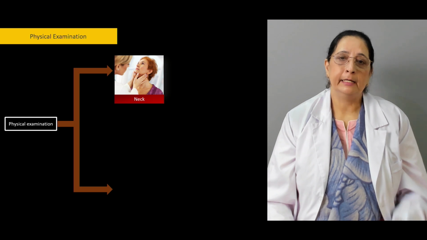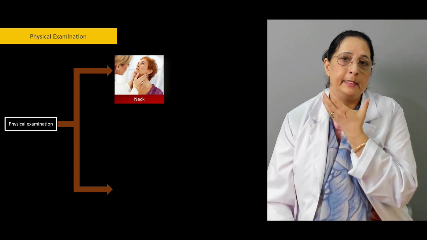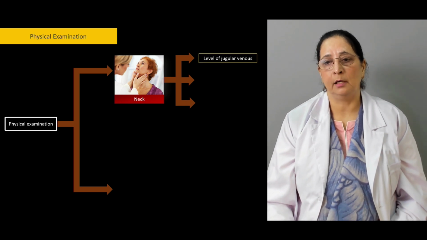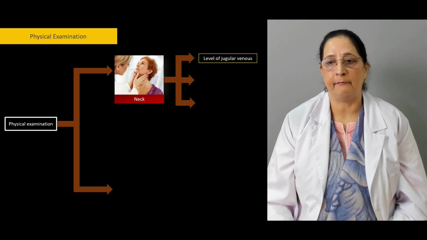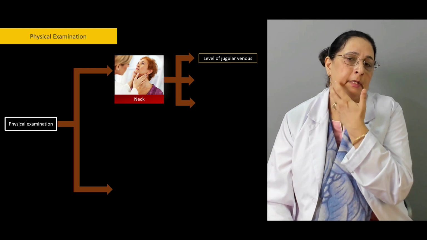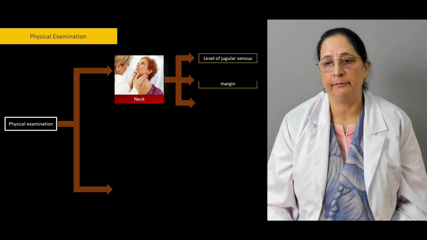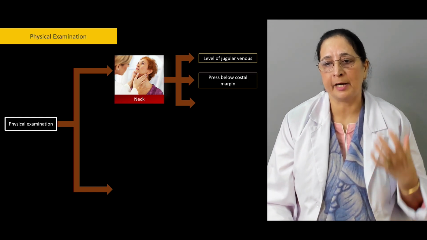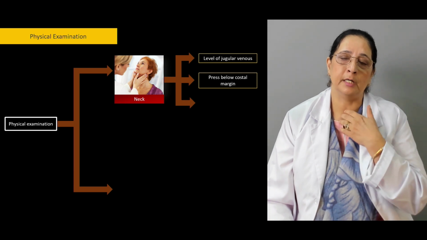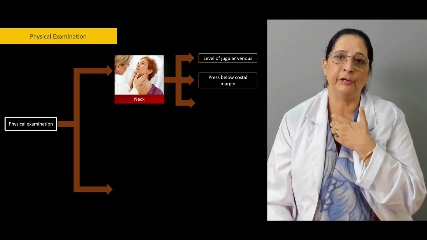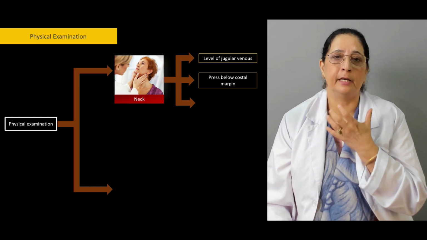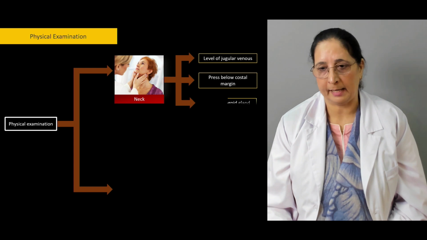Then in the neck, when we examine the neck, we can look for the jugular venous pulse, level of jugular venous pulse, how the pulsation is. Then we should press below the costal margin. Costal margin is the margin of the ribs. So we press below the costal margin and we look for the reflex.